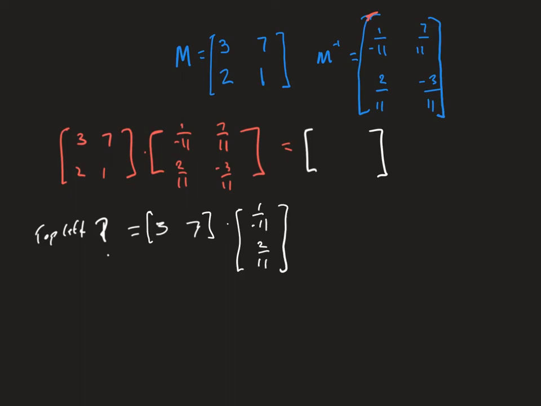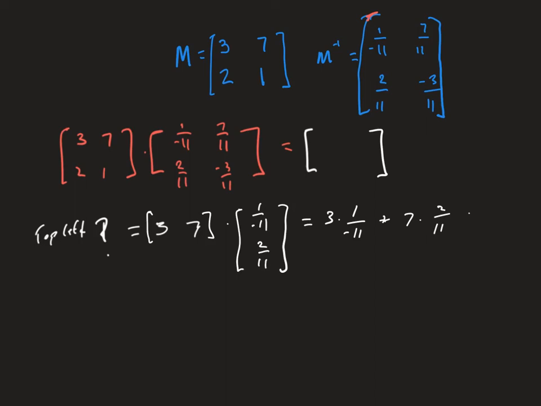So you might be thinking, wow, that's really complicated just for the first entry. Yeah, it is, but you'll see it's actually pretty simple. The dot product works where you multiply corresponding entries. The first entry of the row is 3, the first entry of the column is 1 over 11. We're going to multiply them. Then we add the second entry of the row, 7, times the second entry of the column.